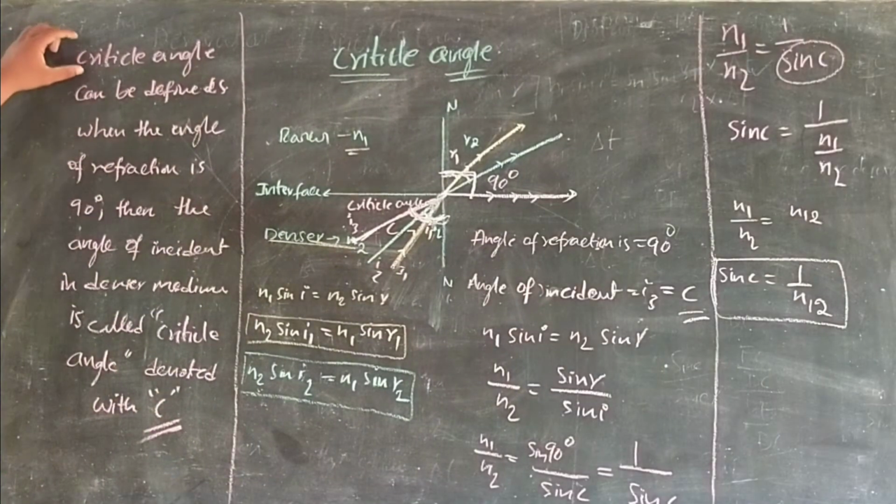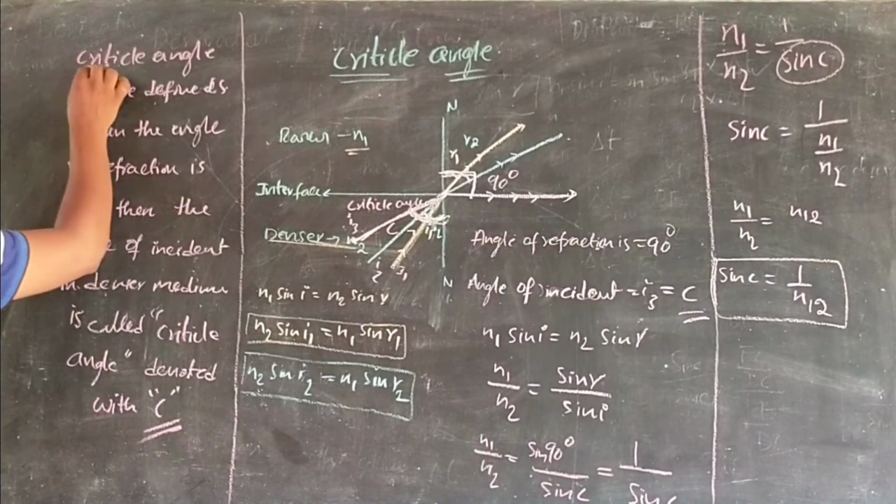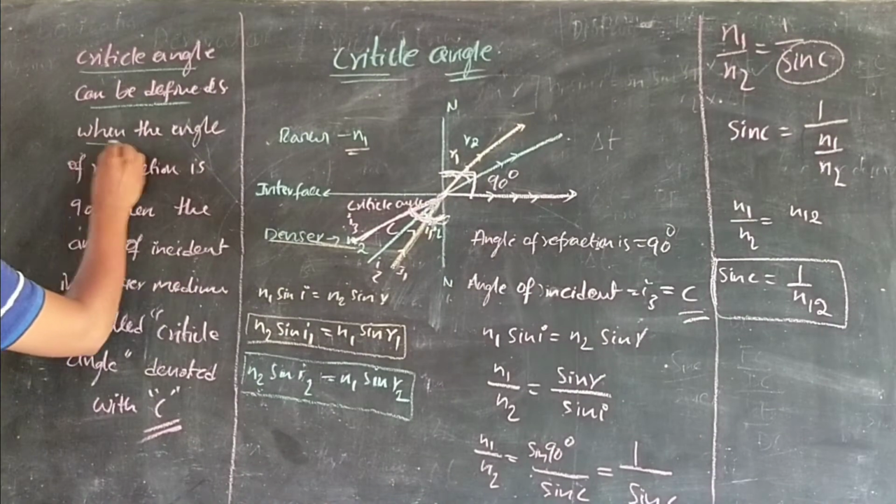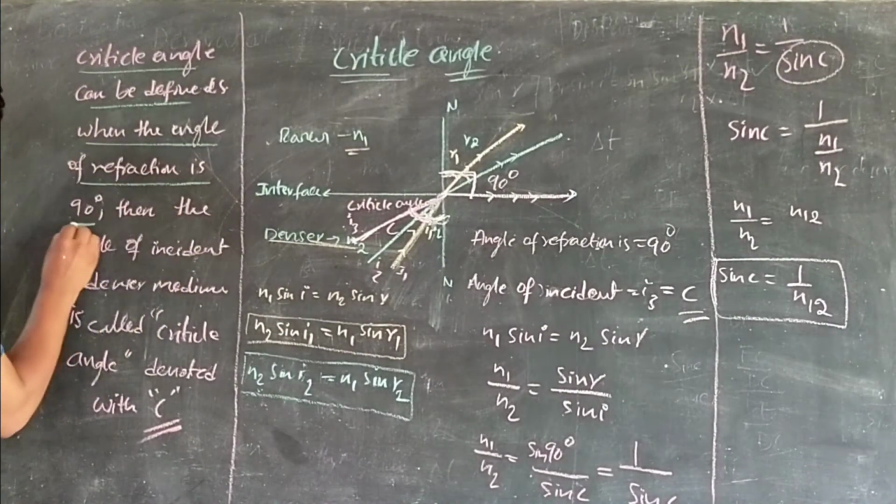So critical angle can be defined as when the angle of refraction is 90 degrees.